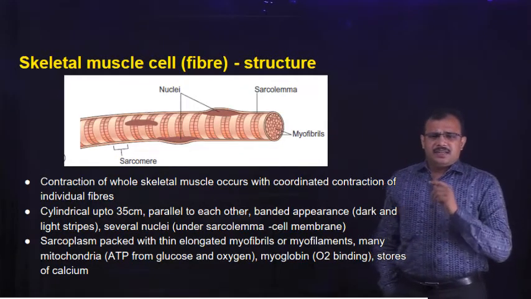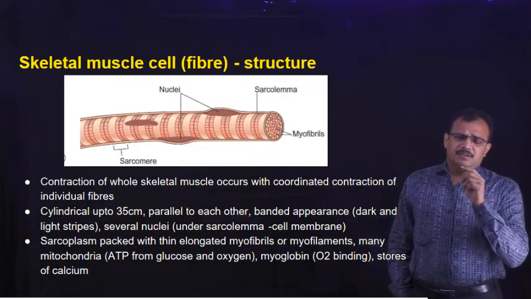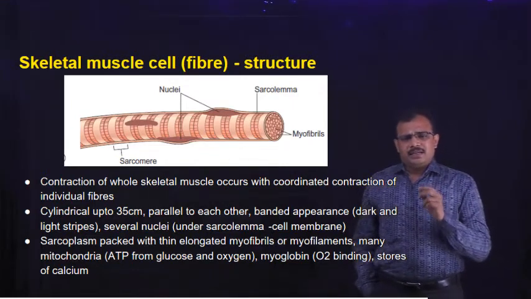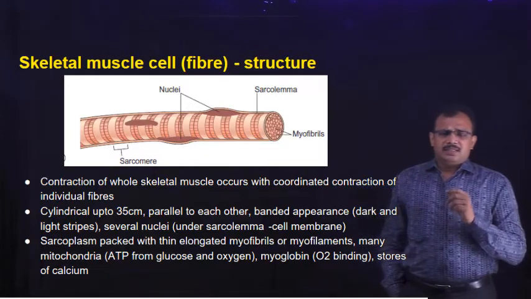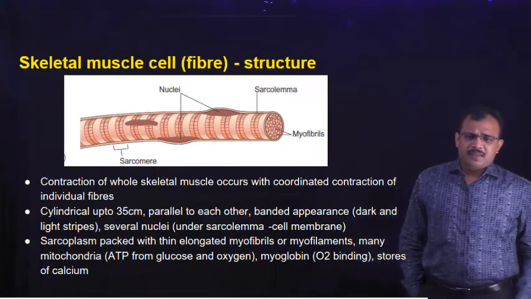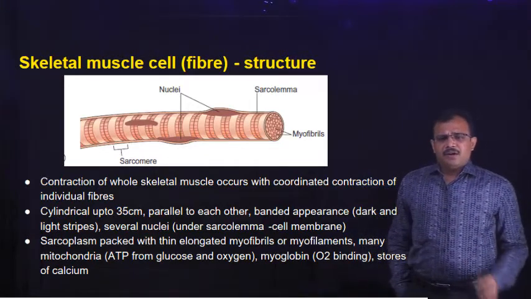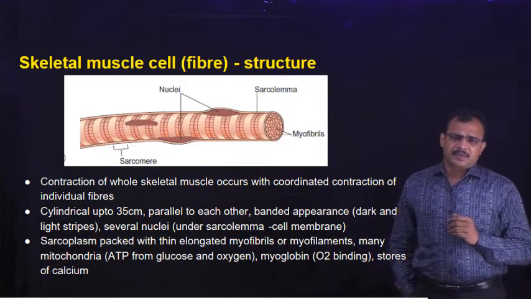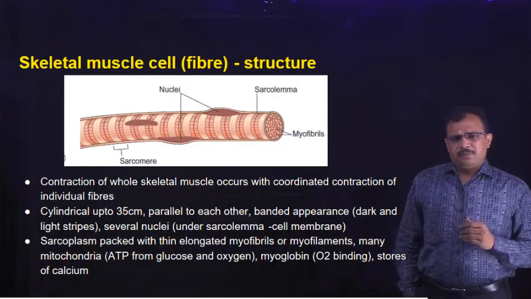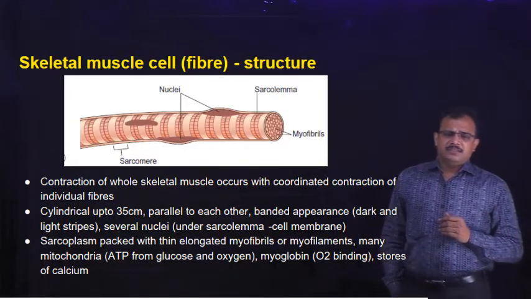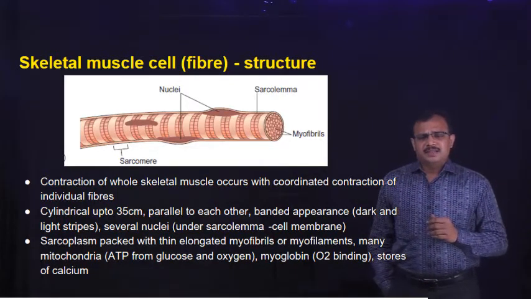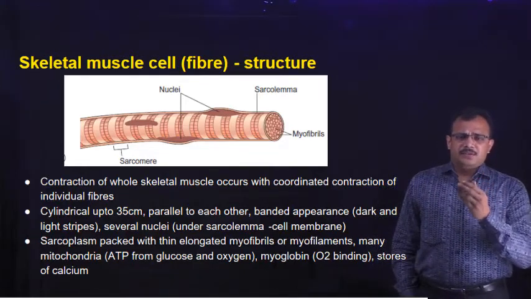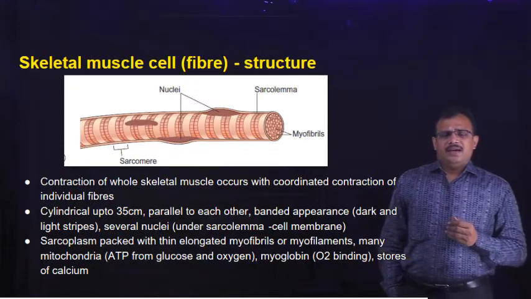And generally we have seen the individual muscle fiber is surrounded by a connective tissue called endomysium, whereas the membrane of the skeletal muscle cell is called sarcolemma.